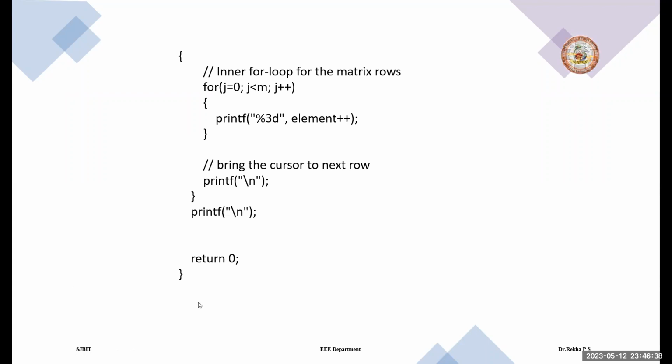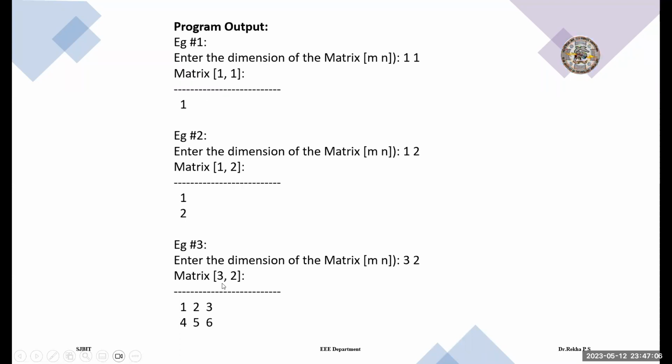And whatever I have written here, \n, will bring the cursor to the next row. Once the for loop has ended and it has come out, finally I should write a new line. It has to come to the new line. So I have written it using a printf statement. That will end the logic.